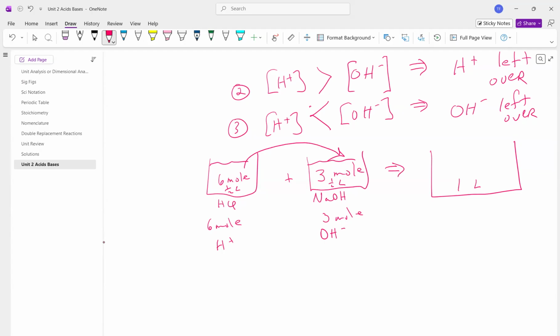So over here now we have 6 moles of H's, 3 moles of OH's. What happens when OH and H get together? Right, they neutralize. It forms water. So we've got 3 of OH, 6 of H plus. So what do we have in surplus here?